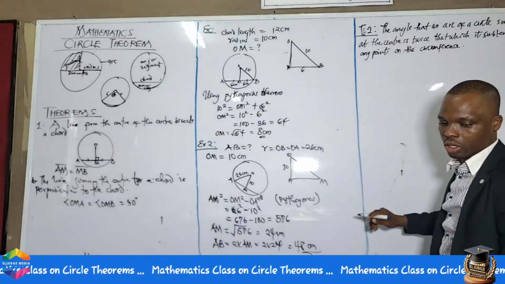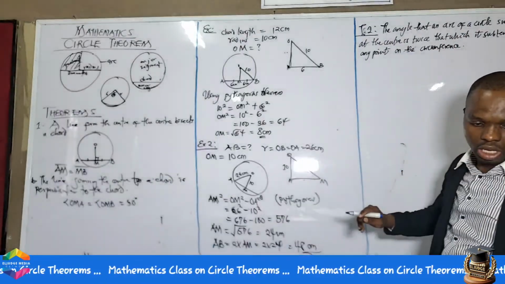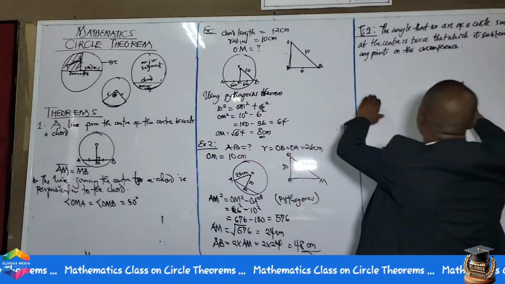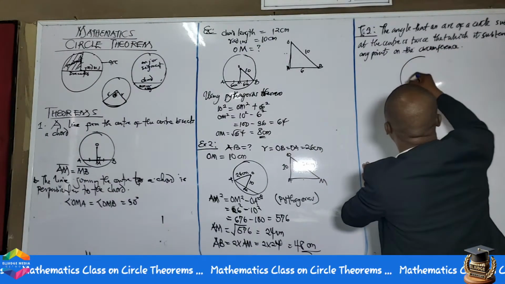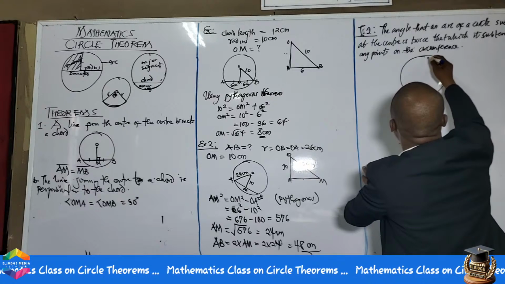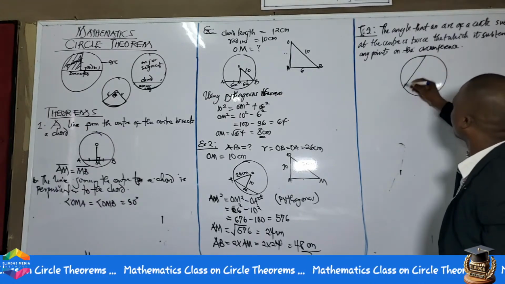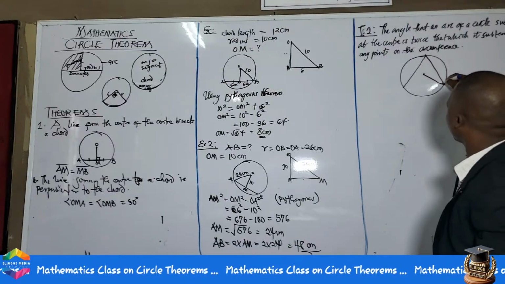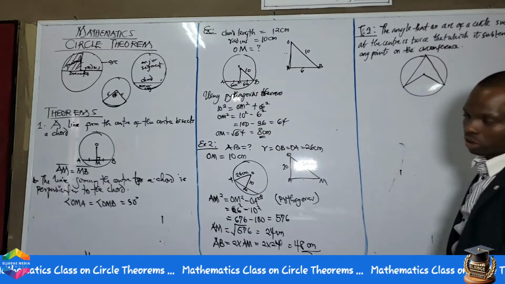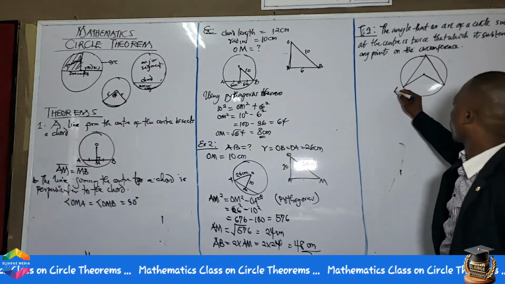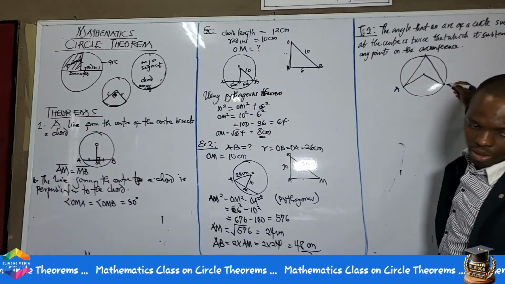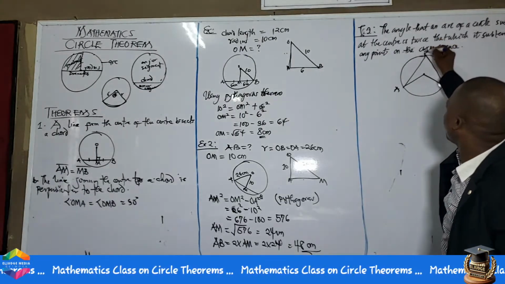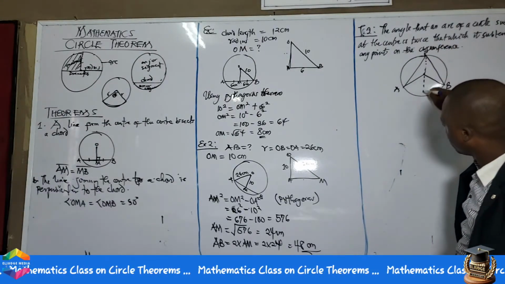So if we have to draw this diagram, let's draw this, and we have a line here, this is the center of the circle, and this joins this to this. We have A, B here, and we have P here. Let's join this.